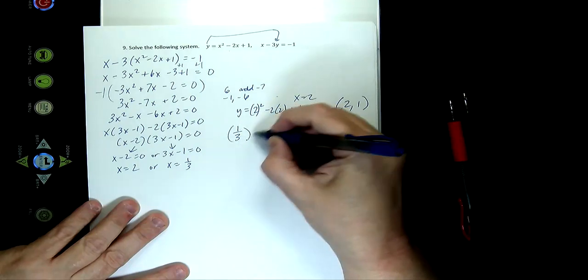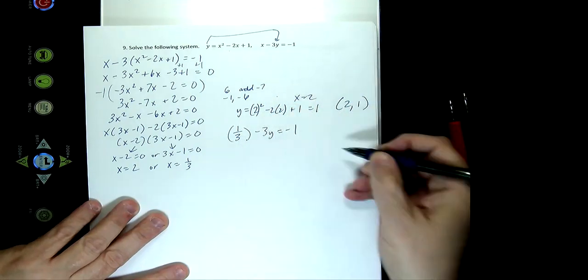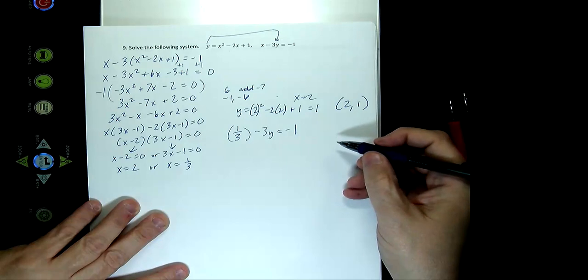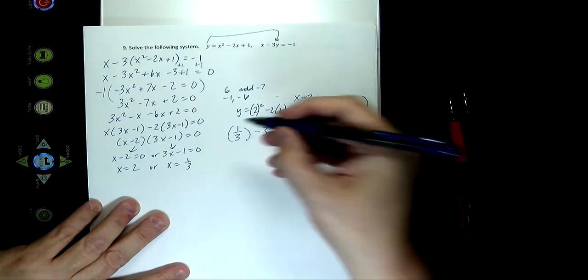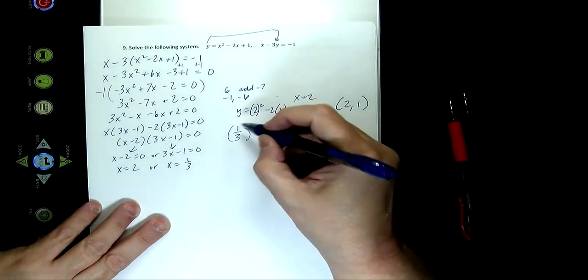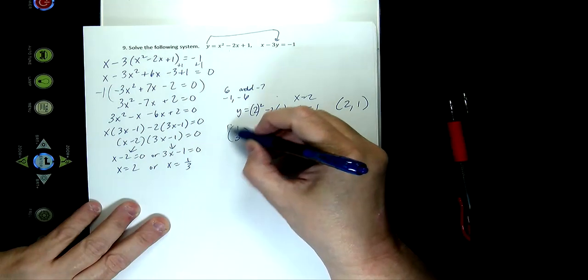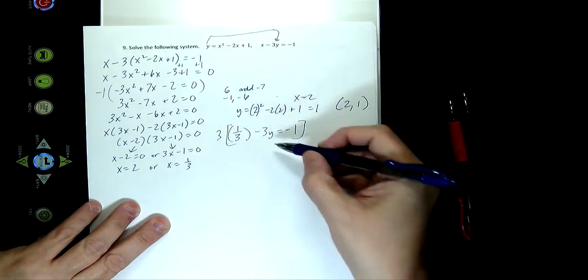1/3 minus 3y equals -1. I will multiply through by 3, just because I don't like dealing with fractions. I'm sure I'm going to have a fraction at the end.